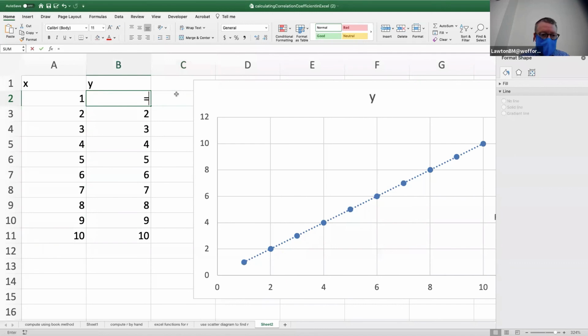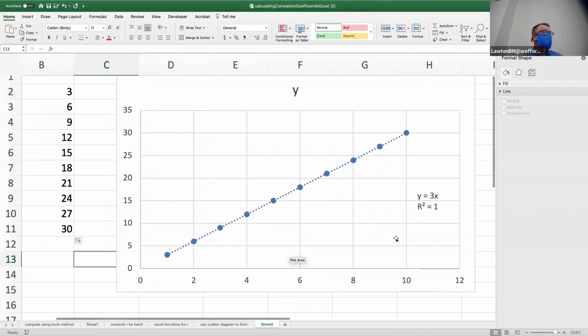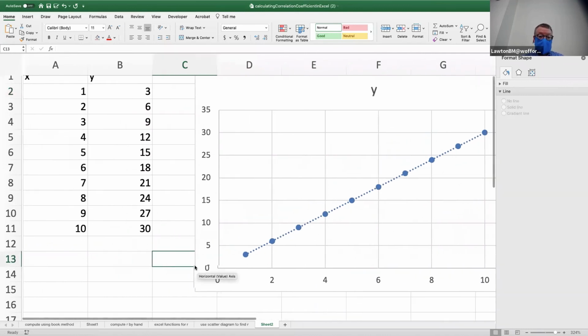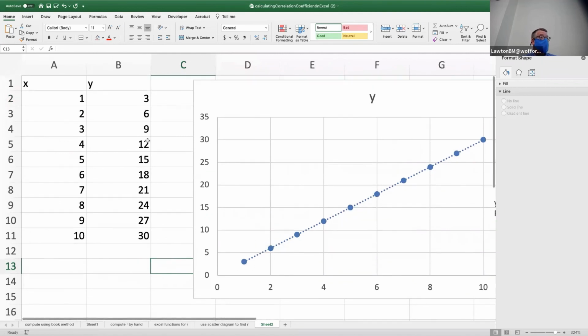Same thing if I said this was equal to 3 times that. The correlation coefficient is still 1. My line changes, the slope's a little steeper, but it's a perfect alignment because, yeah, x perfectly predicts y. So it's a correlation coefficient of 1, and r squared 100%.